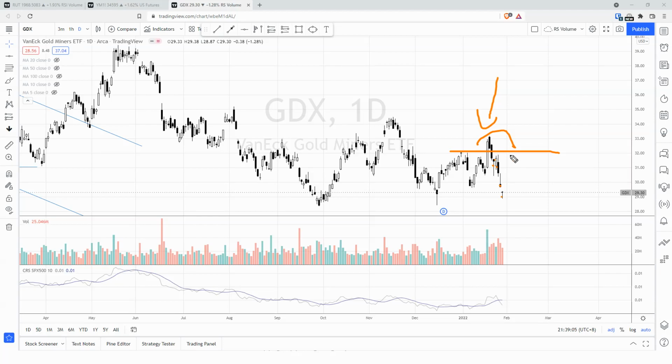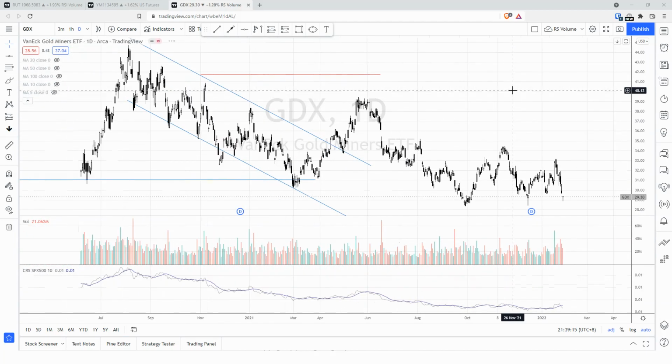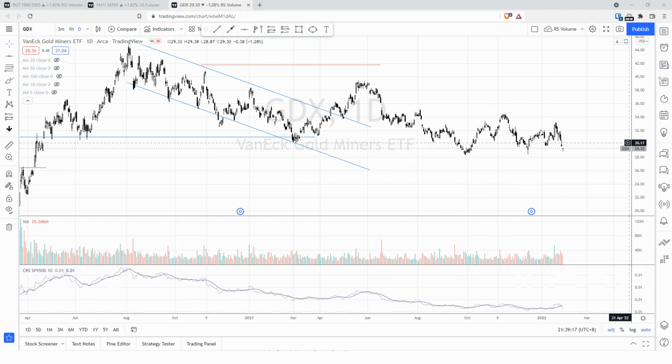There is some sign where the gold miner just has some weakness, followed by a down move. In short, I think gold miner still needs to spend more time here because we definitely see that there is some form of structure going on here.